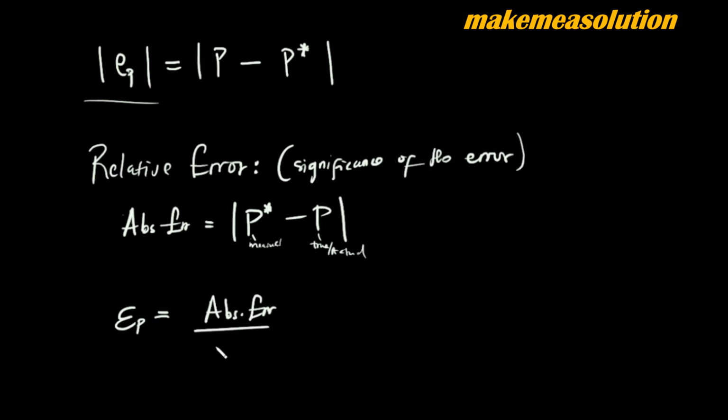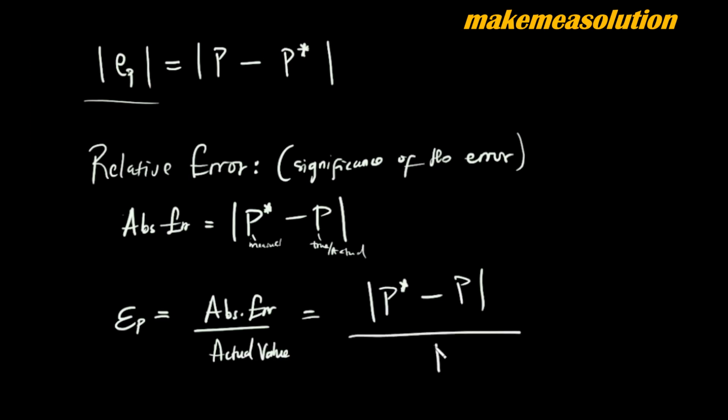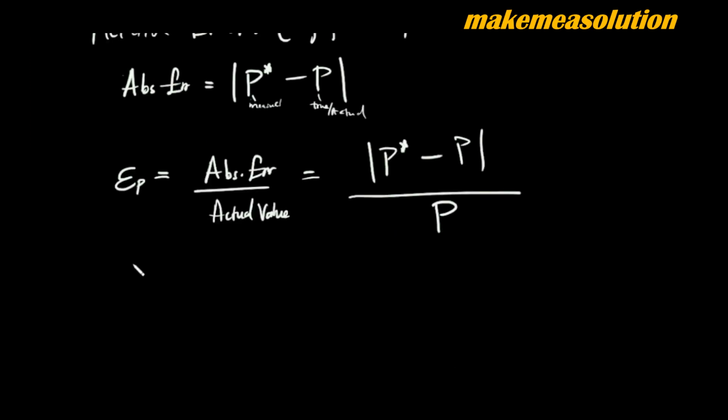The actual value, okay, which in this case we have P asterisk minus P divided by P is the actual value. Is that okay? So different symbols for relative error.